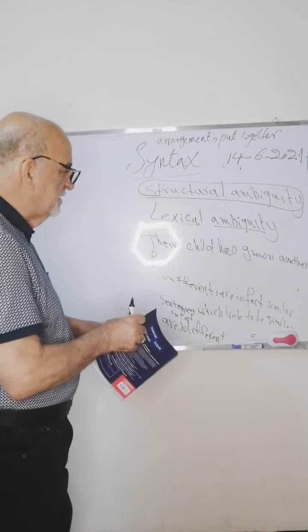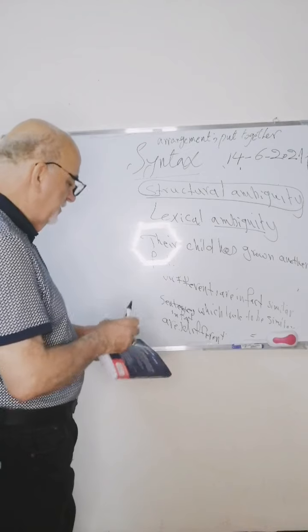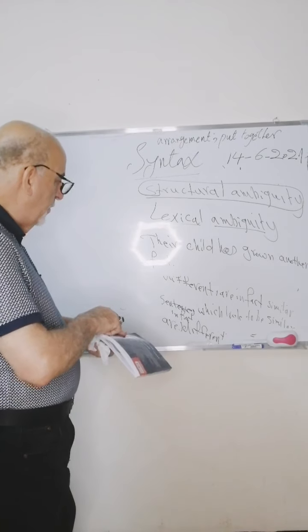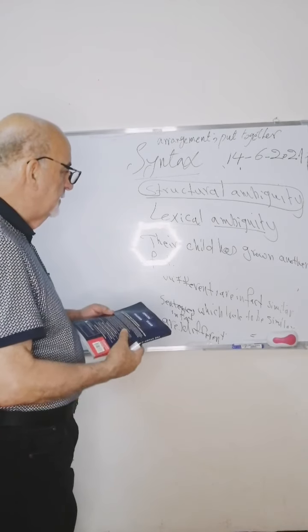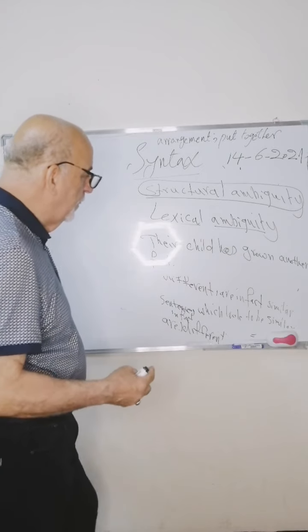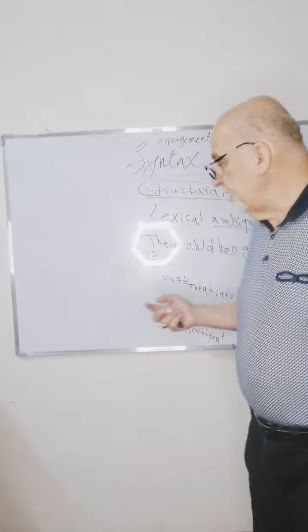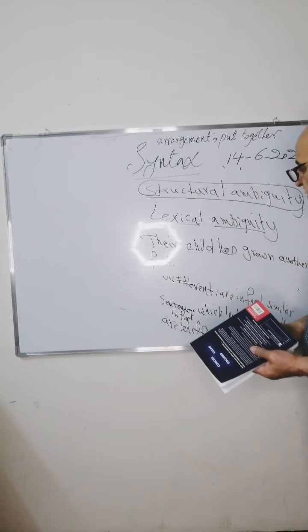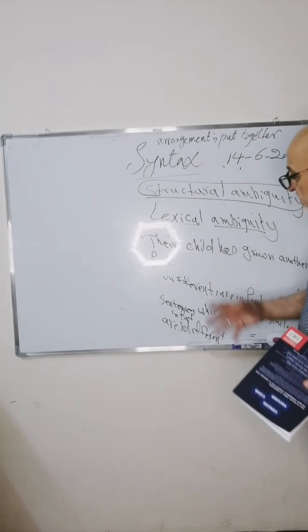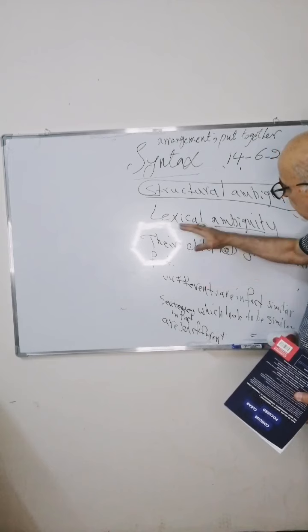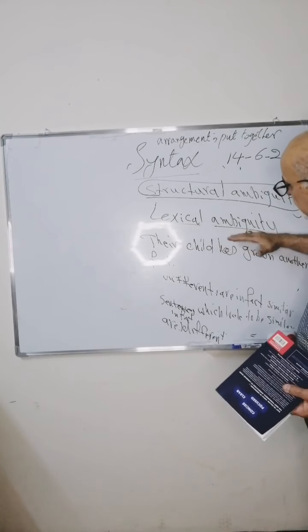Their child has grown another foot. Here the sentence is ambiguous, بس الambiguity هذا يسميها lexical ambiguity.